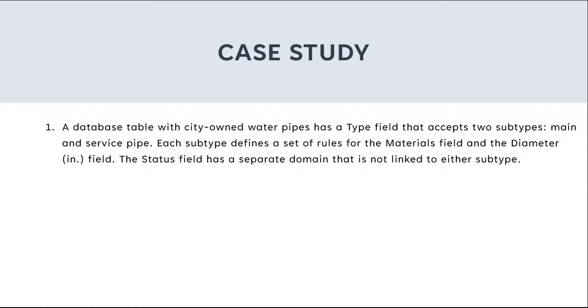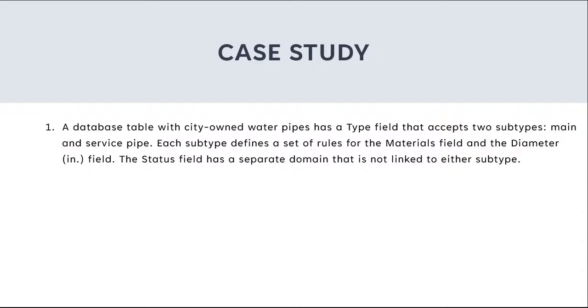A database table with city water pipes has a type field that accepts two subtypes. Now, don't forget when we say subtype, we categorize things under it. These two subtypes are main and service pipe.